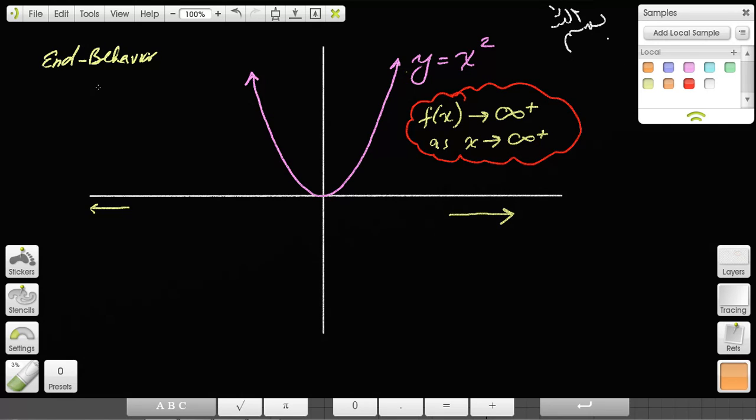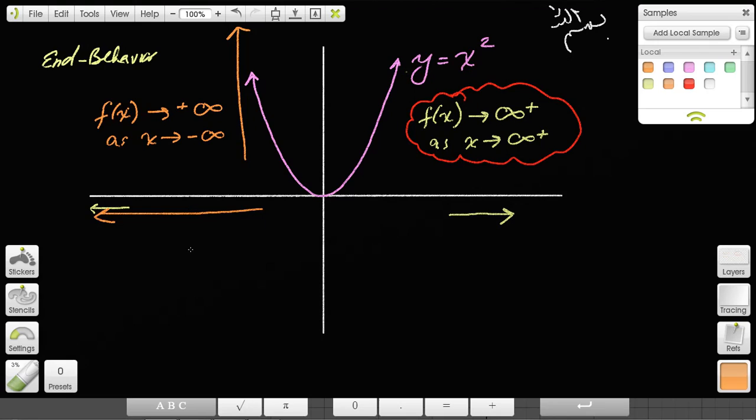And on this side, the end behavior on this side, what does the function do? f of x still goes to positive infinity as x goes to negative infinity. As x goes to negative infinity, the function goes to positive infinity.